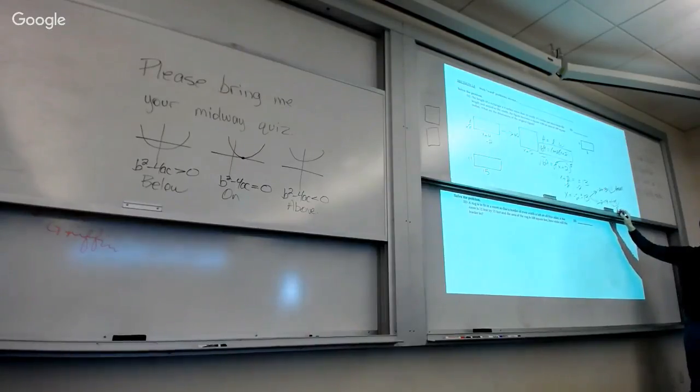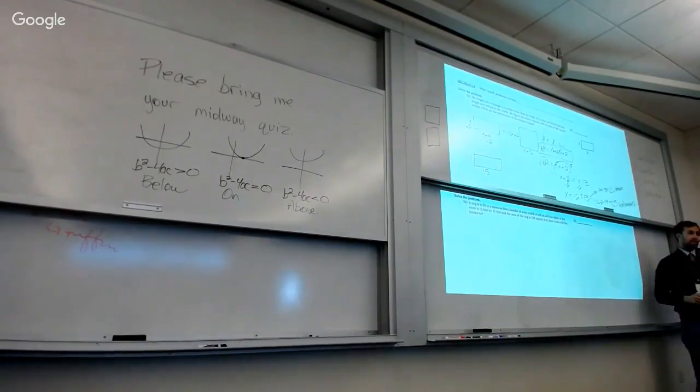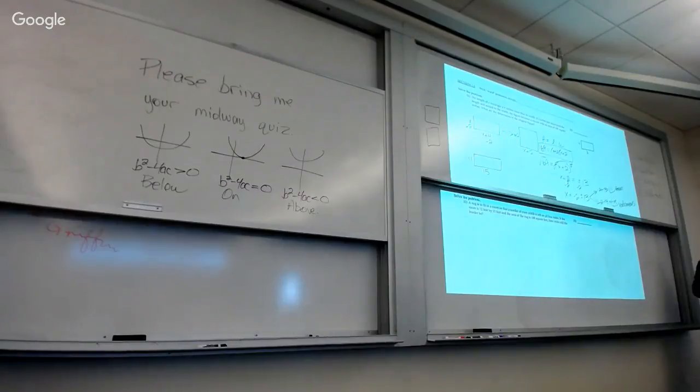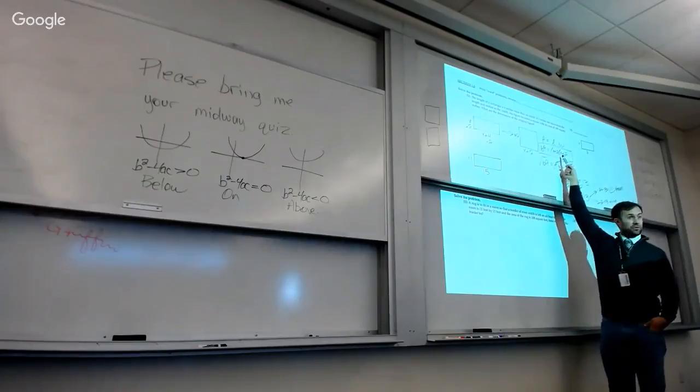So folks, there's a word for this. When the algebra gives you an answer that doesn't work in the context of the original problem, everyone write this down, it's called extraneous. It's an extraneous solution. It's extraneous because, in fact, if I plug negative 15 into this equation, it will, in fact, make it true.